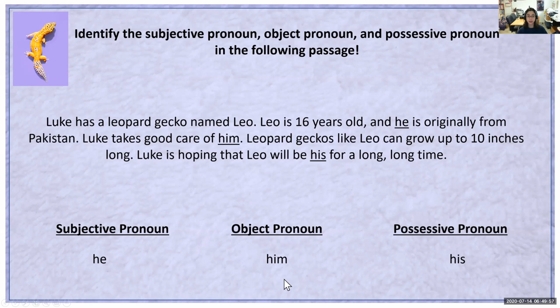What about his? Well, his is a possessive pronoun because it's demonstrating ownership, because Luke owns Leo. Leo is his pet. Luke is hoping that Leo will be his for a long, long time. So we have he, subjective pronoun, him, objective pronoun, and his, possessive pronoun.